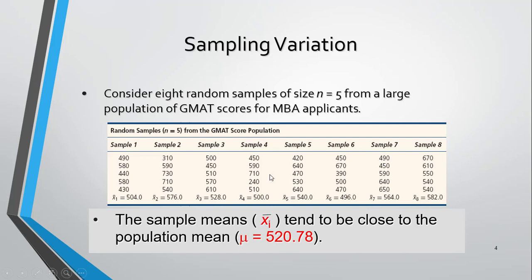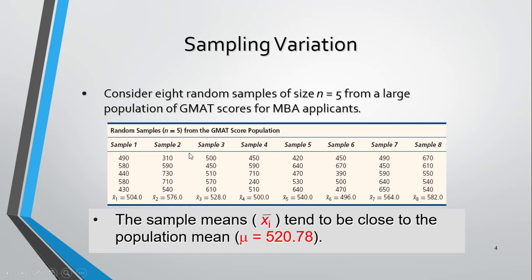then depending on which 5 numbers you happen to have chosen, for example, in sample 1, the first person scored 490, and the others 580, 440, 580, and 430, right? You can calculate the mean, which is 504, and that's the first sample. Okay? You take 5 people from the population, and then you take another 5, right?